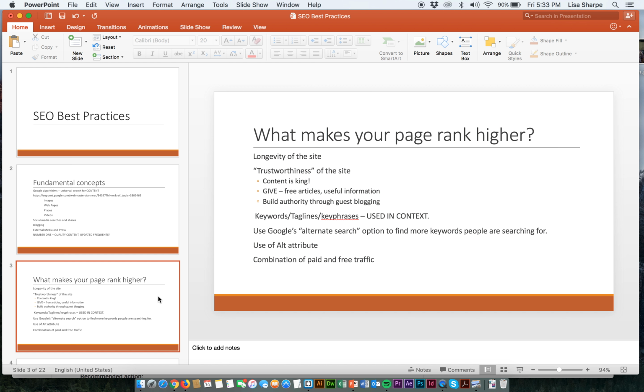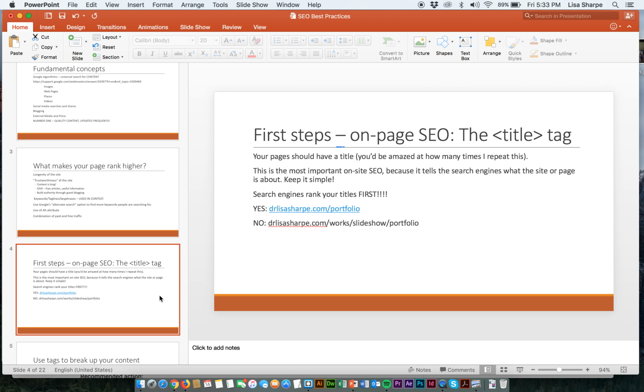Okay, so moving right along here, the first steps for on-page SEO or on-site SEO. The first thing we're going to talk about is how to structure your site so that you naturally give Google the information in a format that's easy for it to understand, crawl, and read.